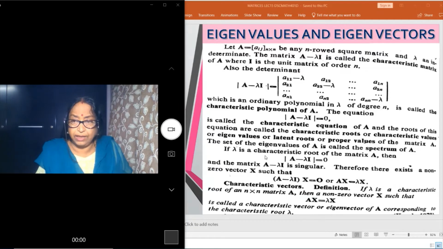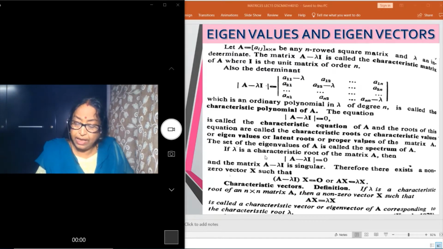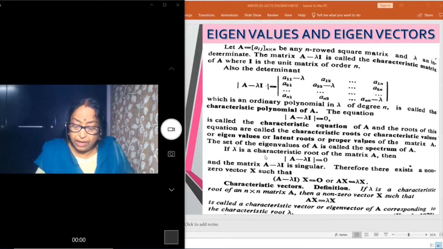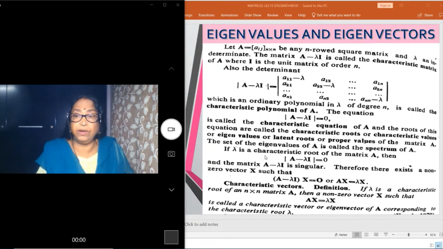So if we collect the powers, we get a polynomial of degree n, which is called the characteristic polynomial of A. The equation determinant of A minus lambda I equal to 0 is called the characteristic equation.